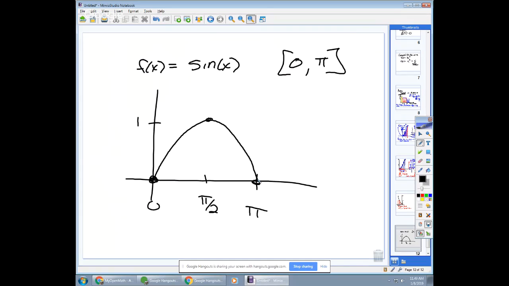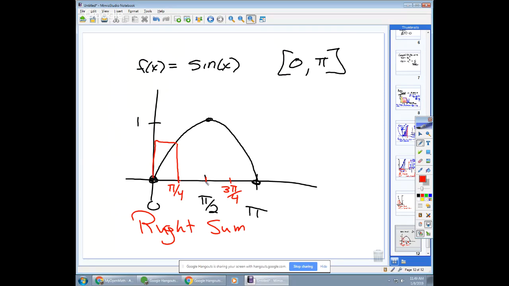Let's say we split it up into 4 subintervals, which means we would go every pi over 4. So this would be pi over 4. 2 pi over 4 would be pi over 2, and then this would be 3 pi over 4. And let's say we go with right endpoints again. So let's find a right sum. So we'd evaluate first at pi over 4, which gives me that rectangle.